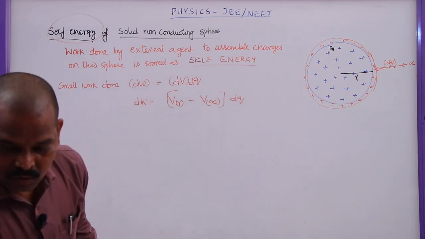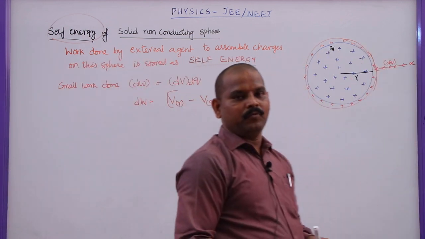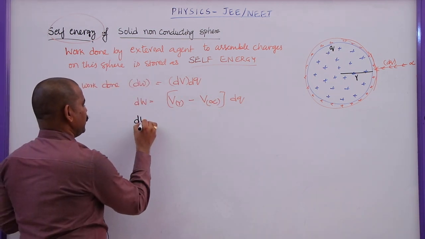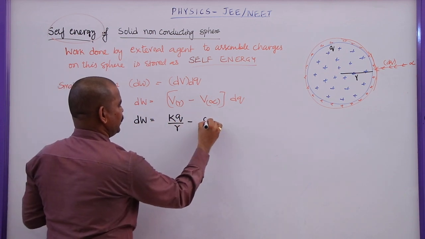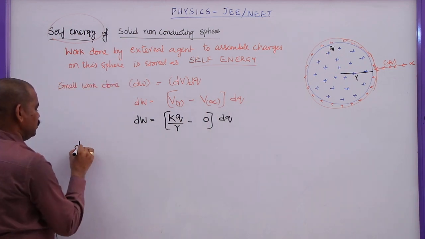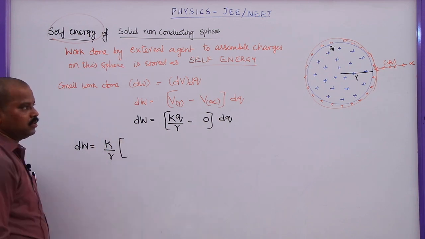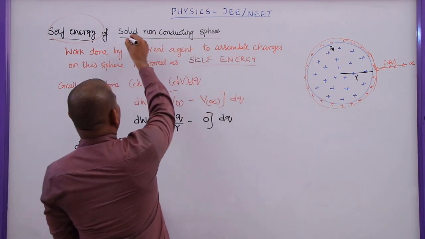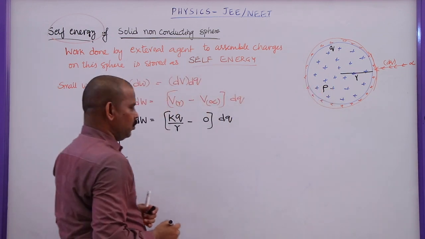What are these values? Here we know Vr is equal to 1 by 4 pi epsilon naught, q by r only, and V infinity is 0. So here I am writing dW is equal to kq by r minus 0, into dq. So what is this dW? dW can be written as k by r constant. What is q? The charge inside this sphere. If it is a non-conducting solid sphere, the volume charge density will be rho.